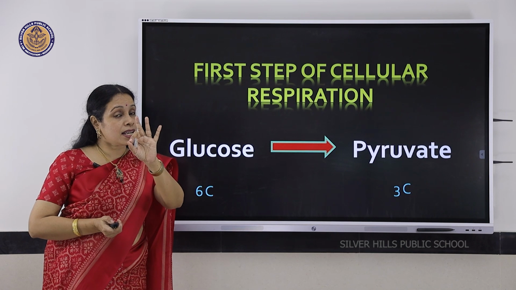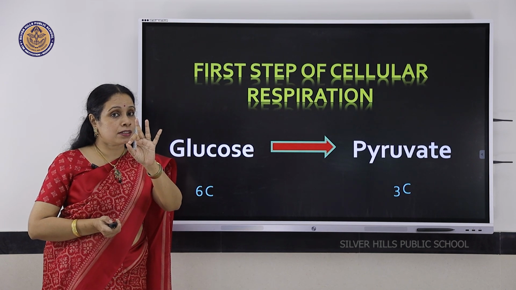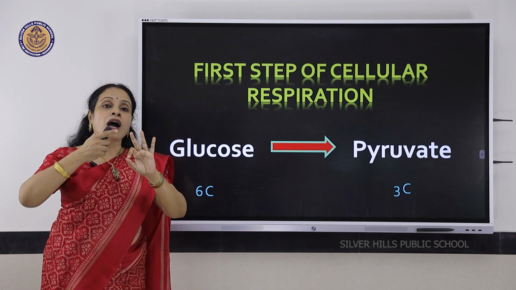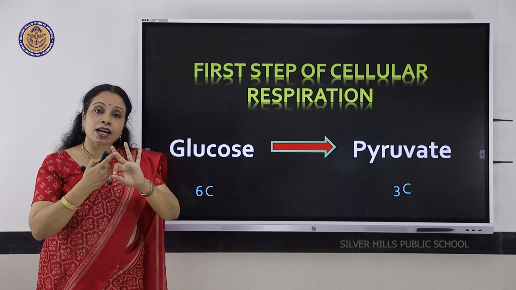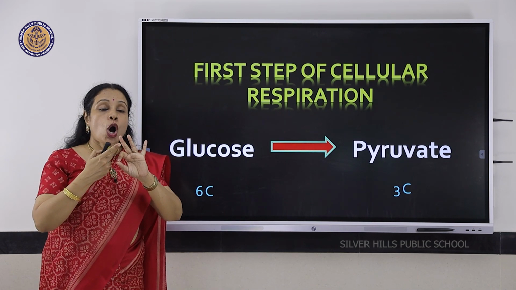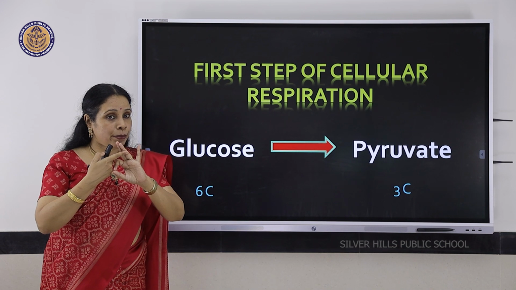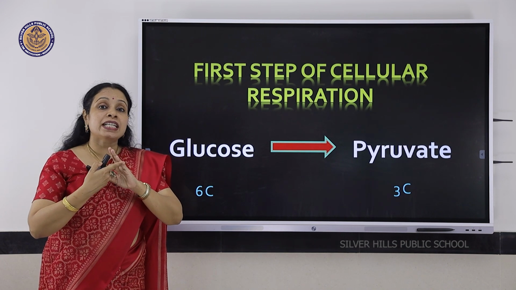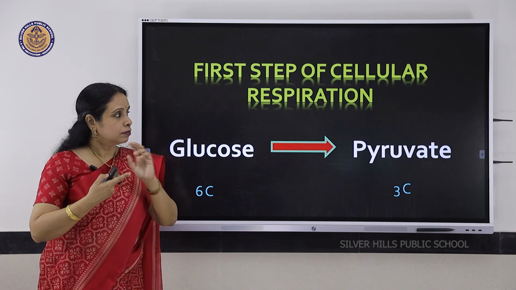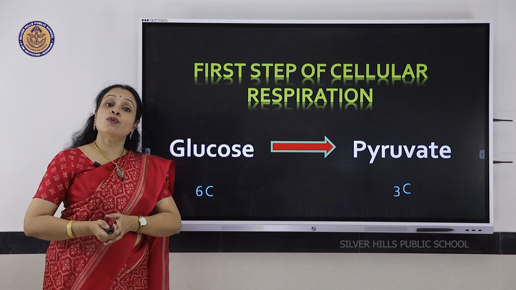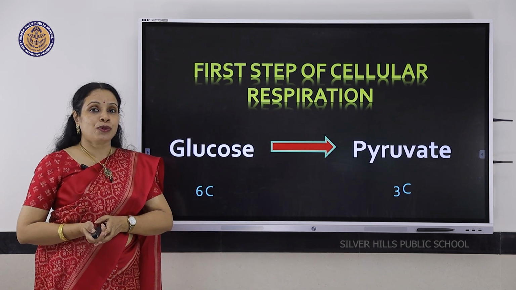And then 3 things can happen to the pyruvate. We are going to discuss them. Either it is completely broken down aerobically, or anaerobic respiration can happen, or fermentation can happen. So, let us see further what is happening to the pyruvate.